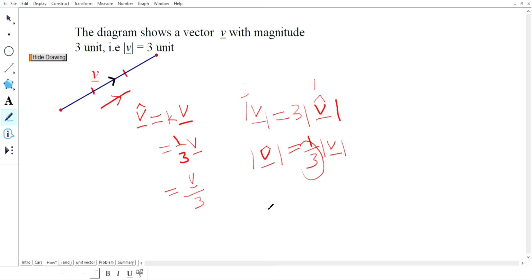That is, given a vector r, the unit vector in the direction of vector r is equal to vector r divided by magnitude of vector r.